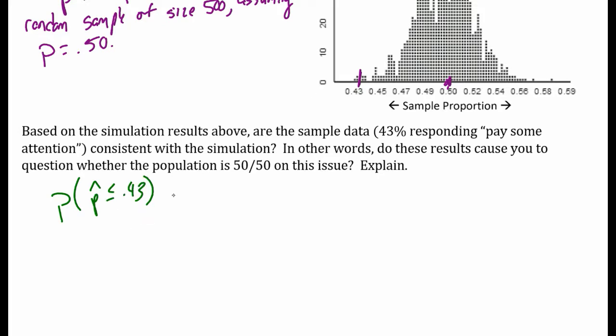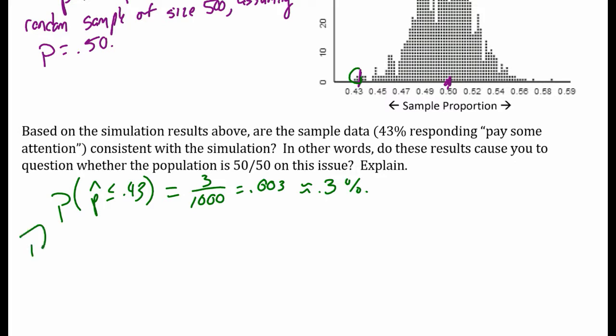Based on this simulation, there's 3 dots, 3 out of, well, we did that 1,000 times. So that's 3 thousandths, which is approximately 0.3%.